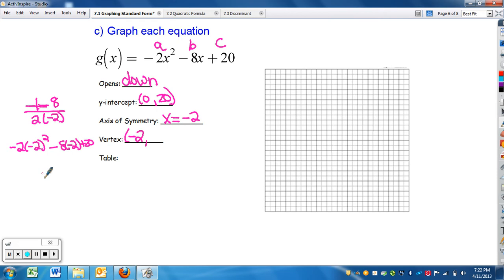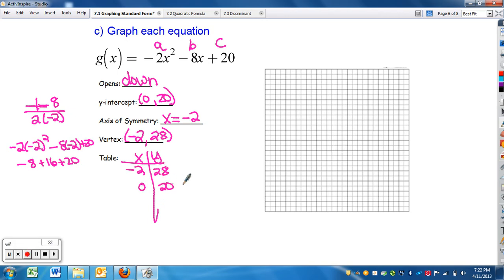Negative 2 squared is 4, so negative 8 plus 16 plus 20. That's 8 plus 20, which is 28. In my table of values, (negative 2, 28) is my vertex.